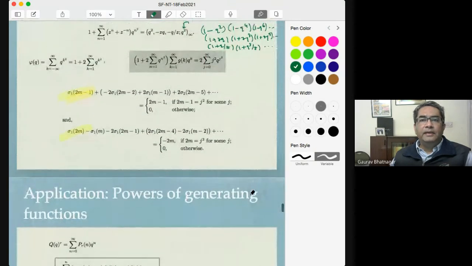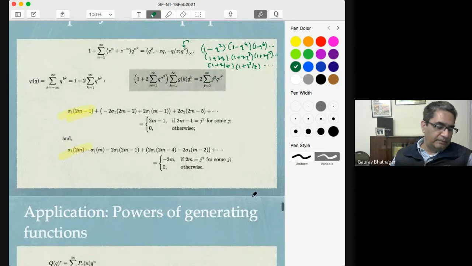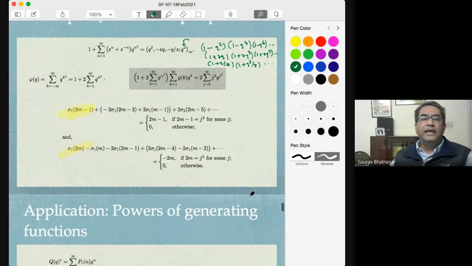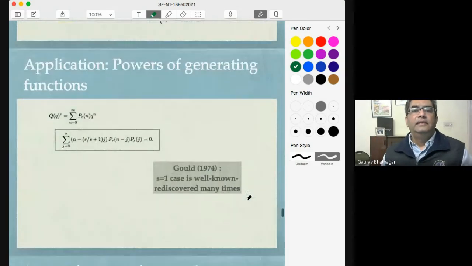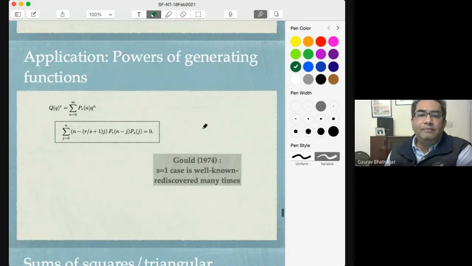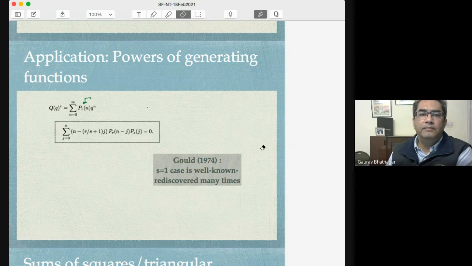And all right, so okay, now we come to some applications. So these applications are, we take powers of generating function. So you take any generating function q and take its power, and then let this be the coefficient.